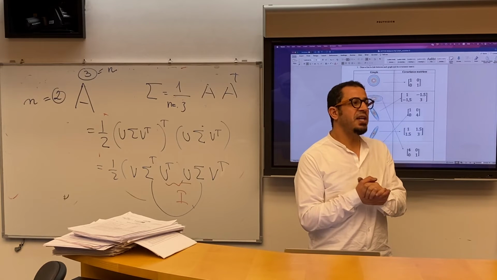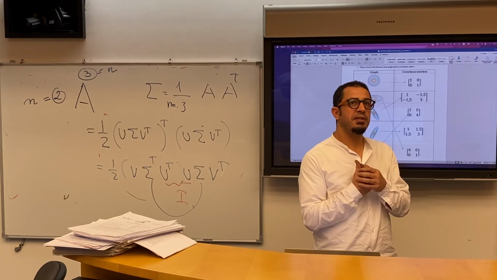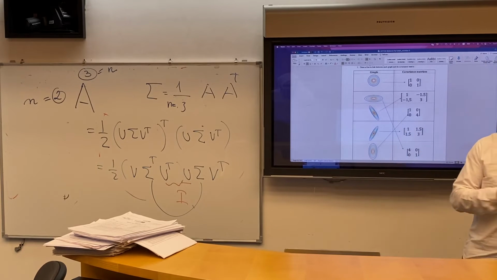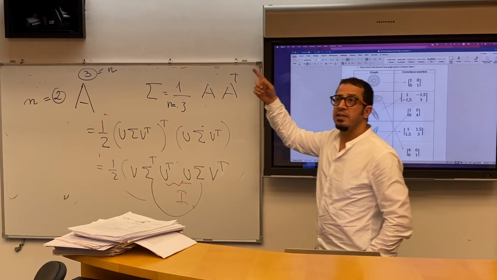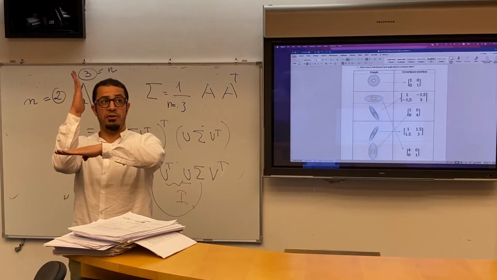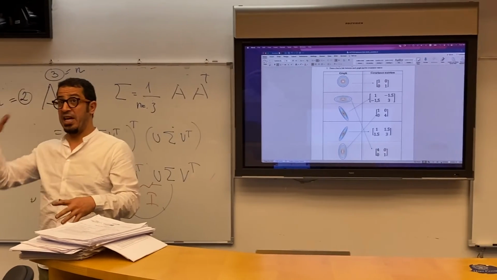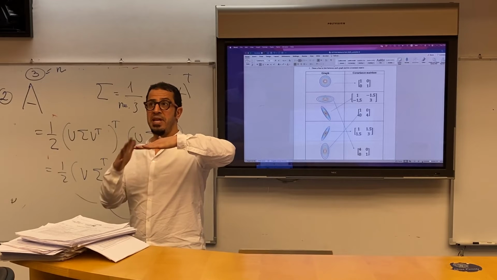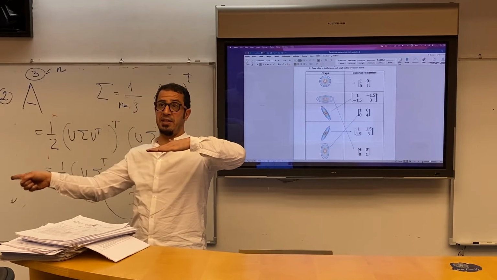Did you get all the answers correctly here? This one, covariance matrix. Yes. Okay, anything circular, what does it mean? Identity. Any vertical or horizontal ellipse means a diagonal matrix. Yes? If it's along X, it means the first eigenvalue is bigger than the second one.